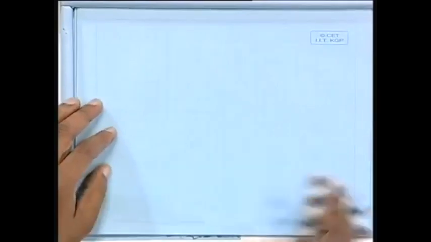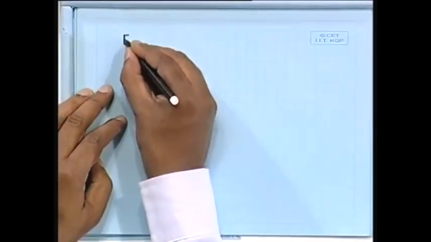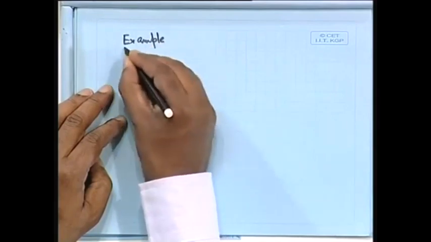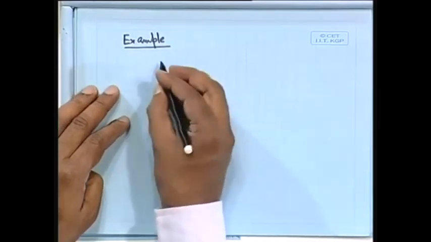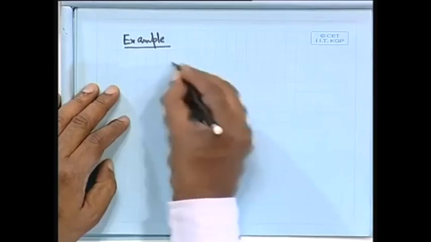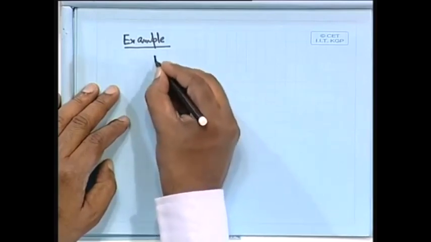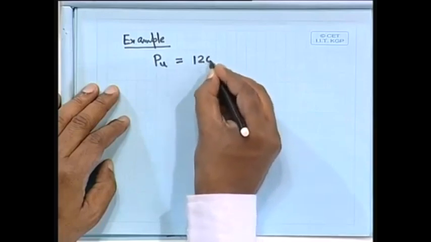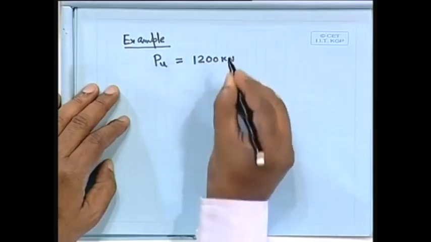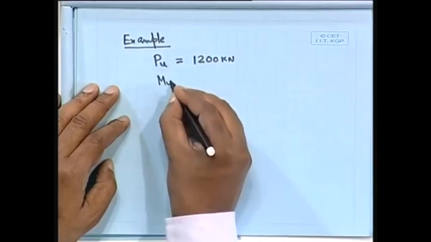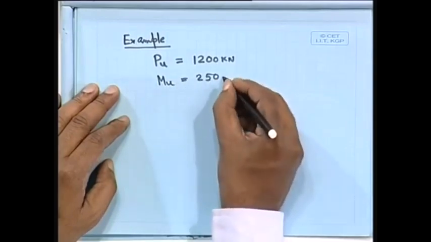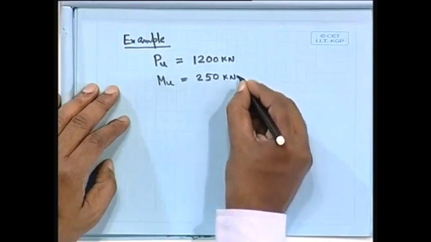So, let us take one example. Let us say PU given, say 1200 kilonewton, MU 250 kilonewton meter.